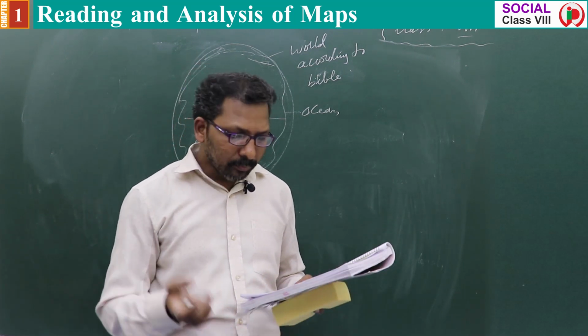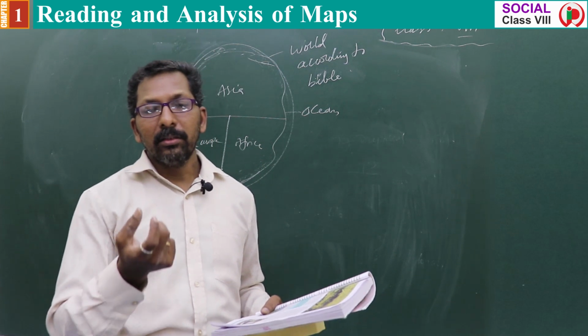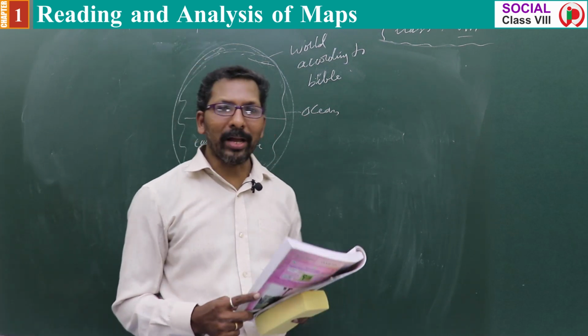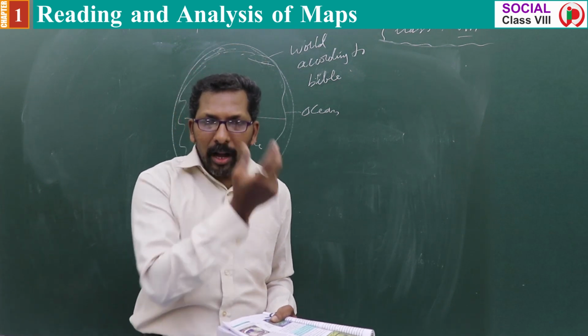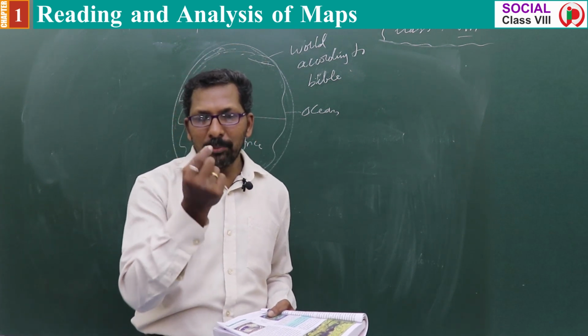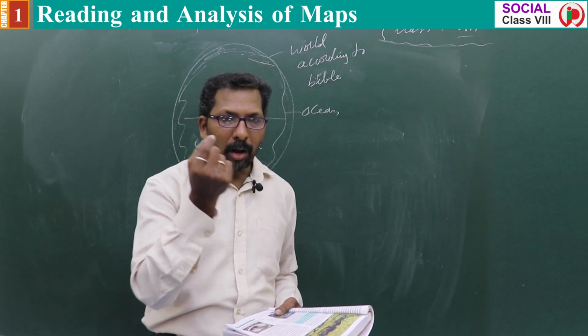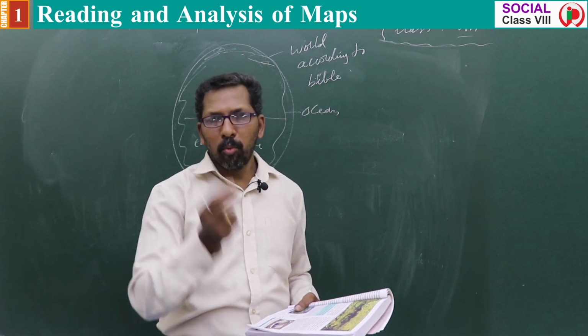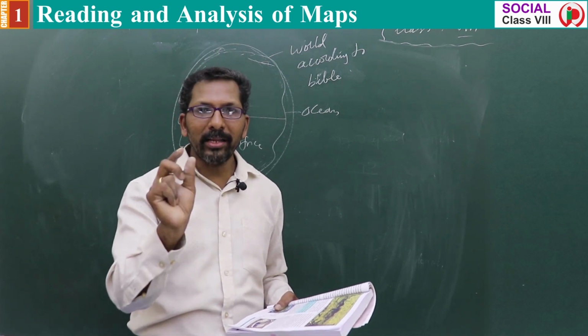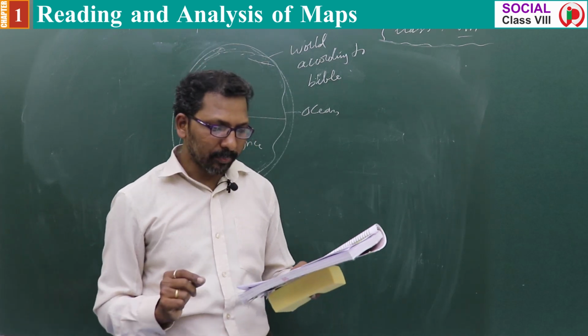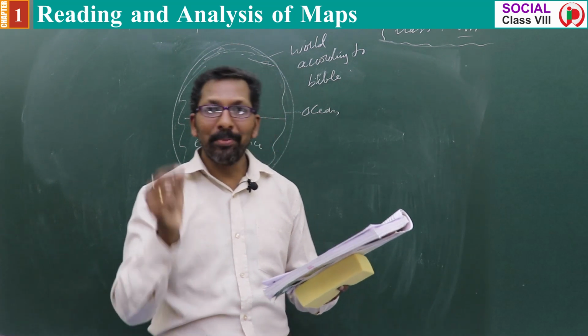So when the Europeans discovered Ptolemy's work, they were stunned. Why were they stunned? In that book, the description of the world map was so accurate. They were quite silent about it. They prepared some new maps based on it.